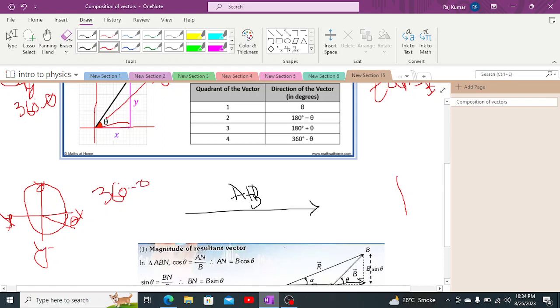It's simple because it is completely 360 degrees, so ultimately the formula will become 360 minus theta, and this is theta, and this is the complete angle. 360 minus theta is equal to the value of the vector's angle.